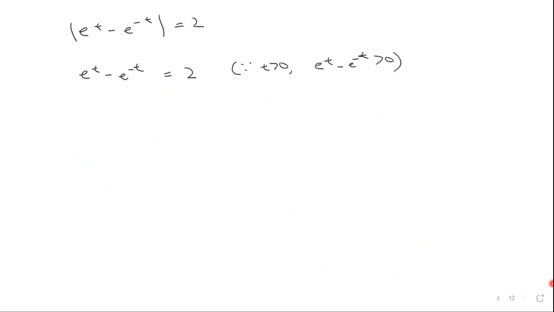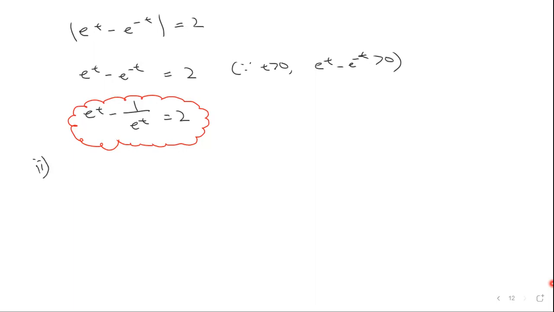Very quickly, that means the absolute value of e to the t minus e to the negative t equals 2. For t positive, the absolute value is just itself, because e to the t minus e to the negative t is positive. Then you just rewrite it, and that's what they wanted. But it's fair enough to have trouble with part 1, because you don't use that formula in the new syllabus anymore. Otherwise, it's quite okay.